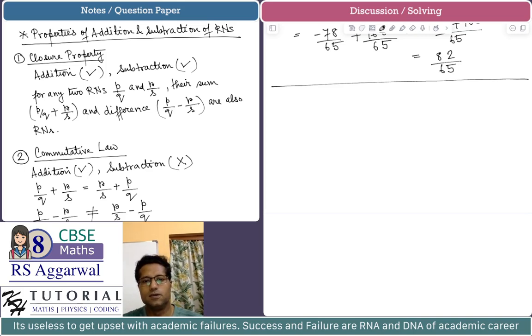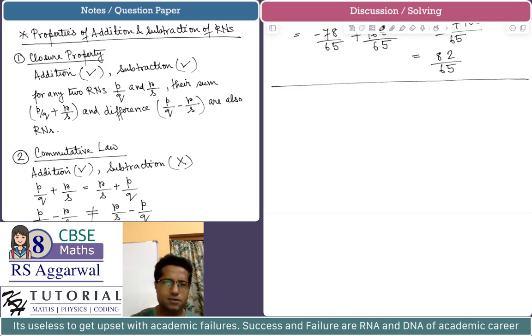So in the notes you can see both addition and subtraction are tick marked, meaning that they both satisfy the closure property. That is, if you add two rational numbers p by q and r by s, their sum, that is p by q plus r by s, is also a rational number, and their difference, that is subtraction, p by q minus r by s, is also a rational number.